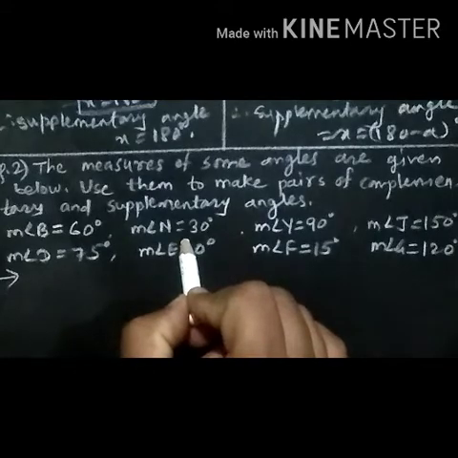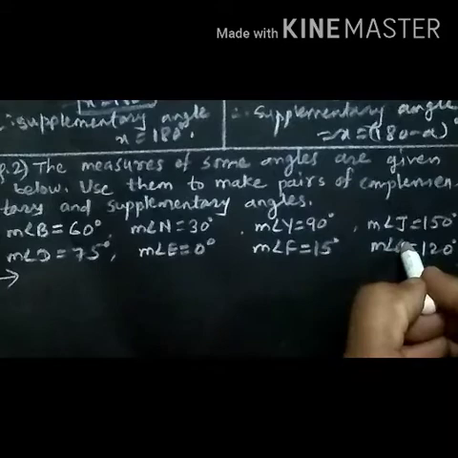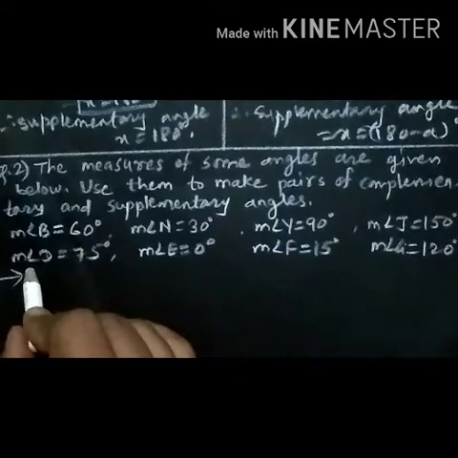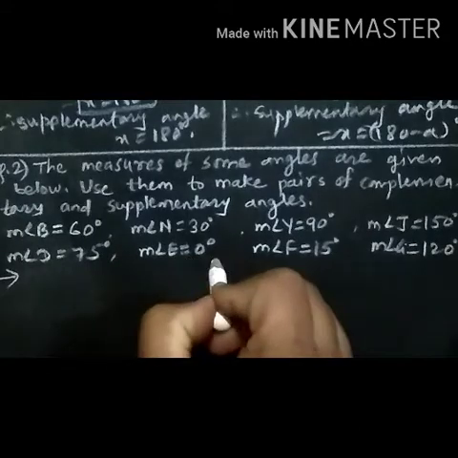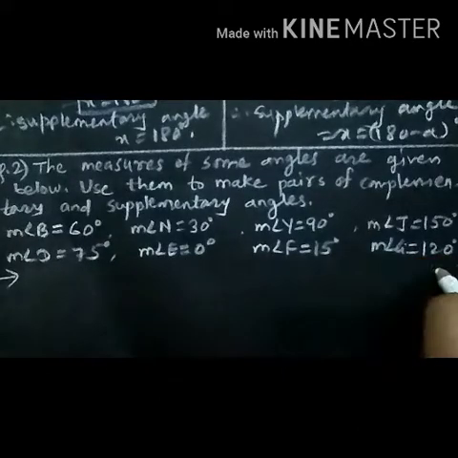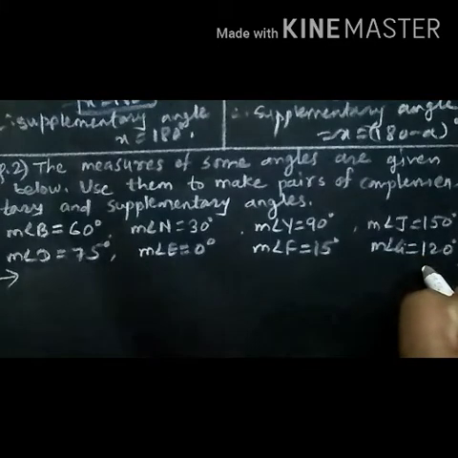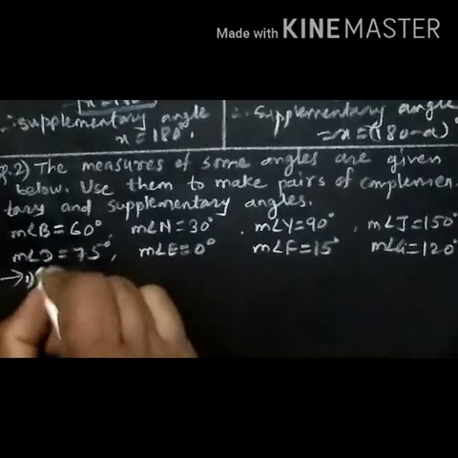Measure of angle N is equal to 30 degree. Measure of angle Y is equal to 90 degree. Measure of angle J is equal to 150 degree. Measure of angle D is equal to 75 degree. Measure of angle E is equal to 0 degree. Measure of angle F is equal to 15 degree, and measure of angle G is equal to 120 degree.